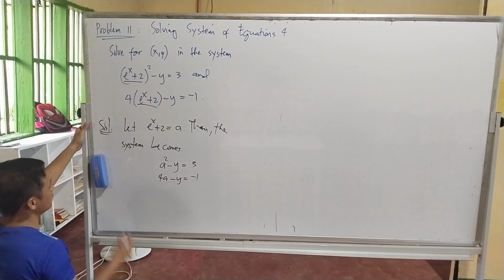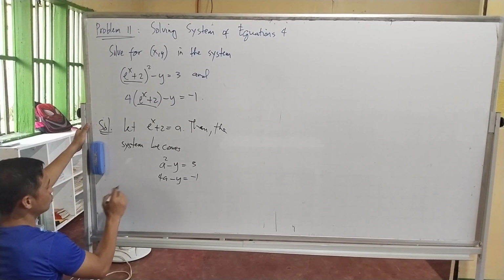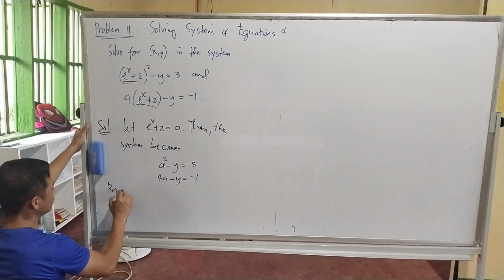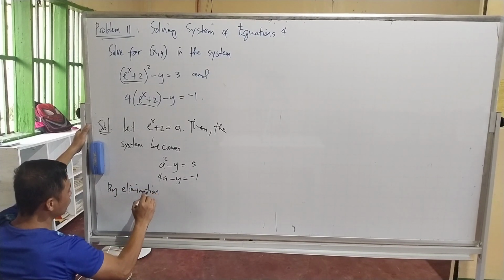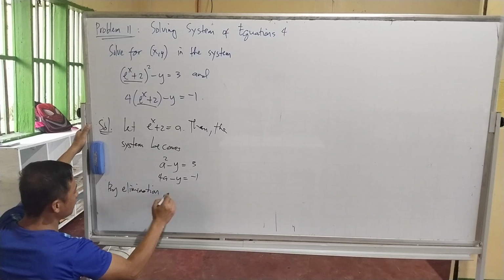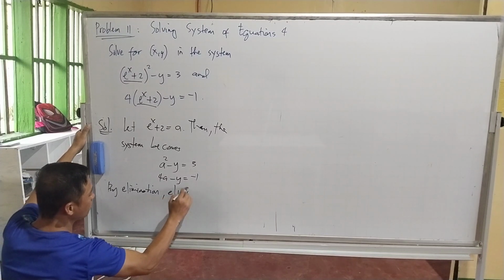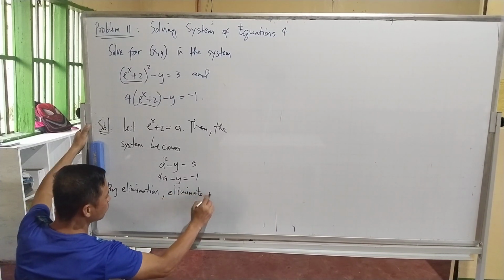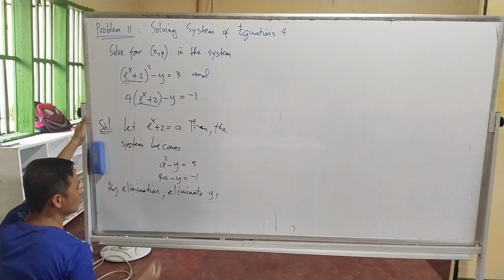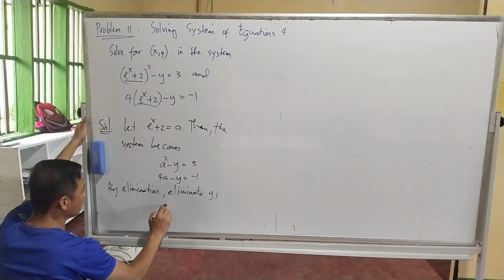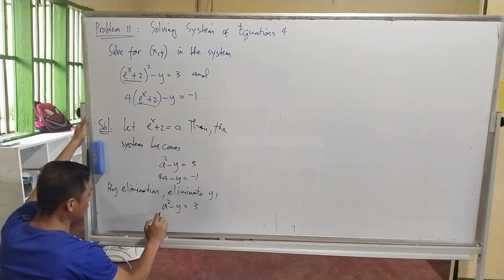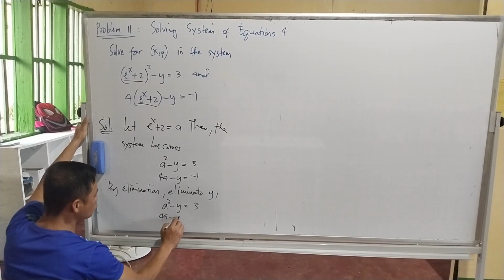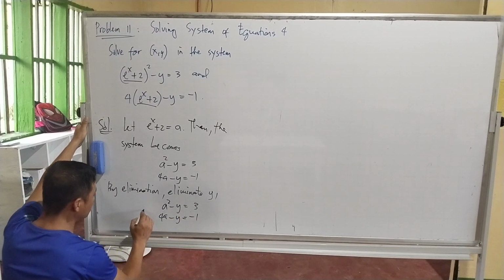Then, by elimination, we're going to eliminate the y variable. We have a^2 - y = 3 and 4a - y = -1.